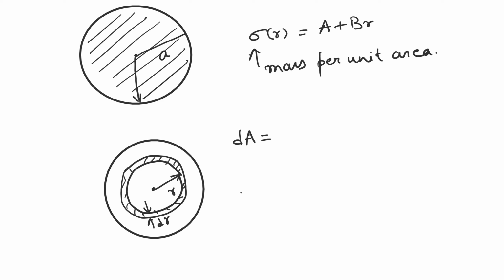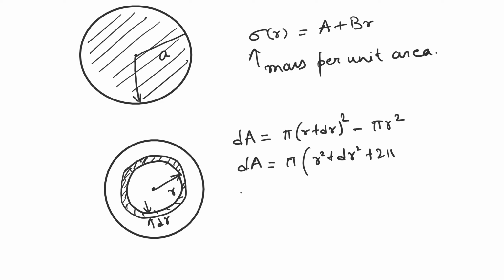The area of this ring would be the area of the outer circle, with radius r plus dr, so pi into (r plus dr) whole square, minus the area of the inner part, which is pi r square. This gives the area of the shaded part, a ring element. So dA is pi times (r square plus dr square plus 2r dr minus r square).